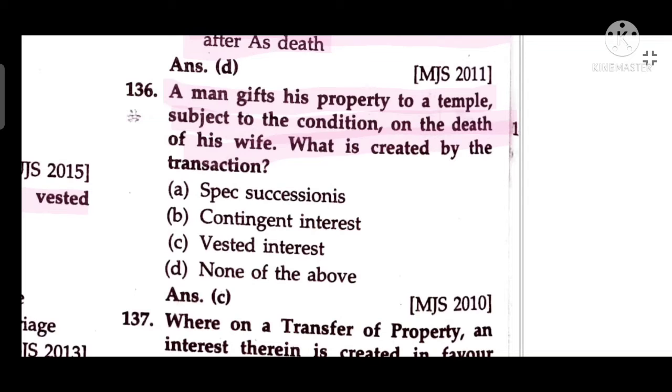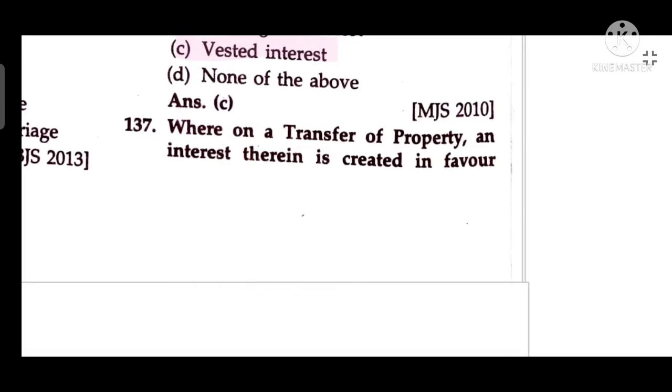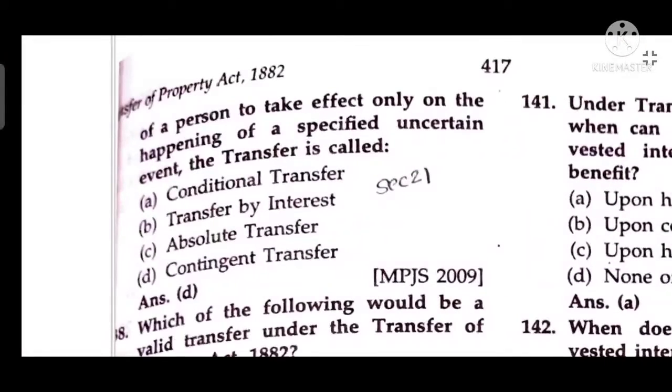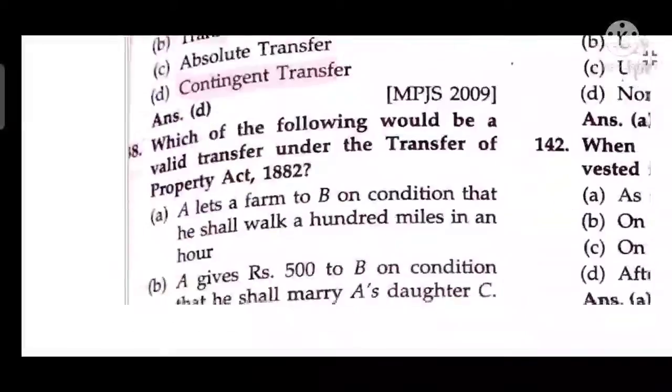What is created by the transaction? Vested interest. Wherein on the transfer of the property an interest therein is created in favor of a person to take effect only at the happening of a specified uncertain event, the transfer is called contingent interest.